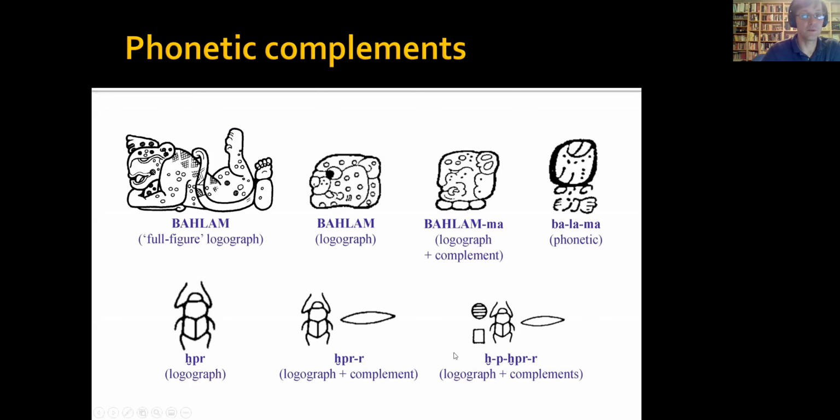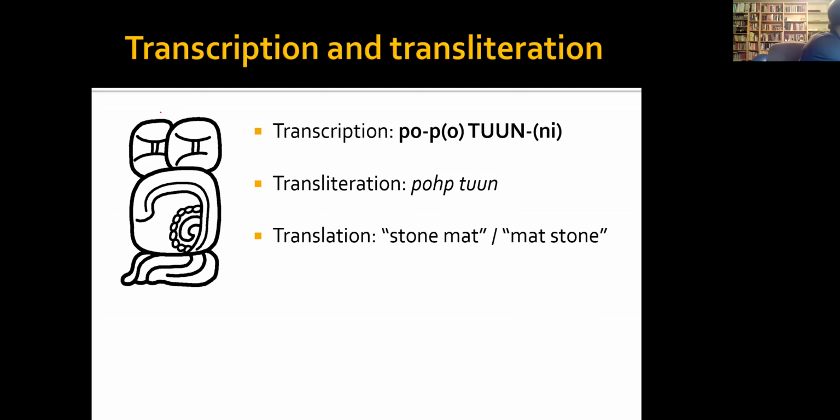Let me try to draw it for you. So you have pause sign 1 and pause sign 2, and then you have a logogram tun right here in the middle, one big character, and a phonetic complement, ni, at the end.